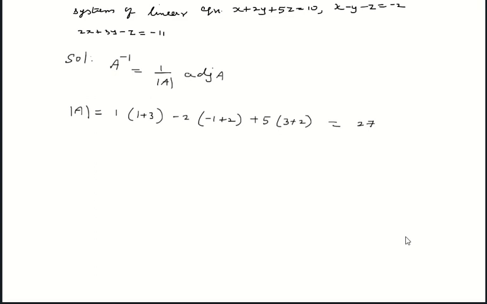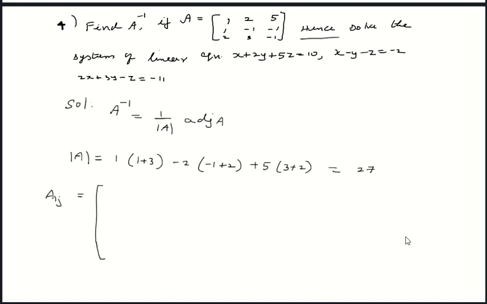Now let us go for the cofactor matrix Aij. The cofactor matrix has also been explained in the previous video, so let us just copy it. 1, 2, 5, 1, 2. 1, negative 1, negative 1, 1, negative 1. 2, 3, negative 1, 2, 3.